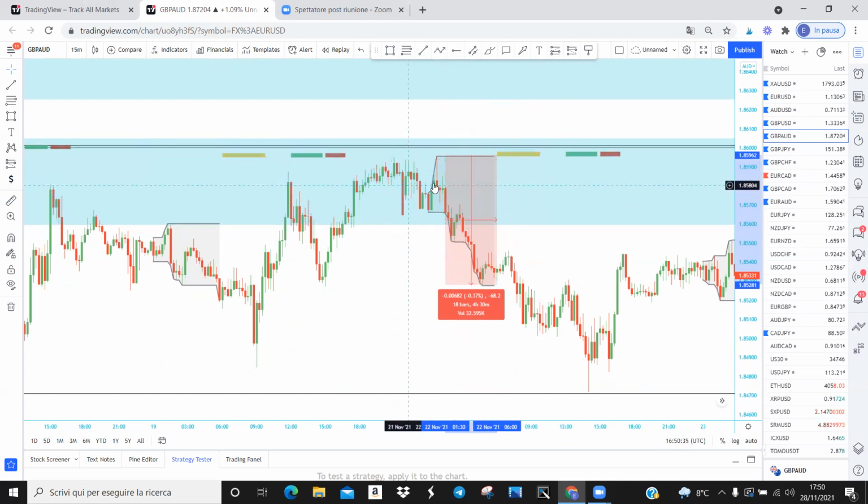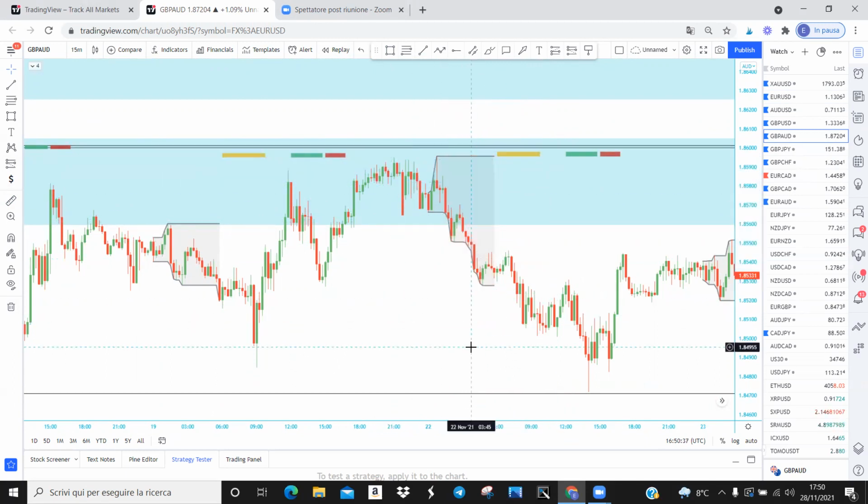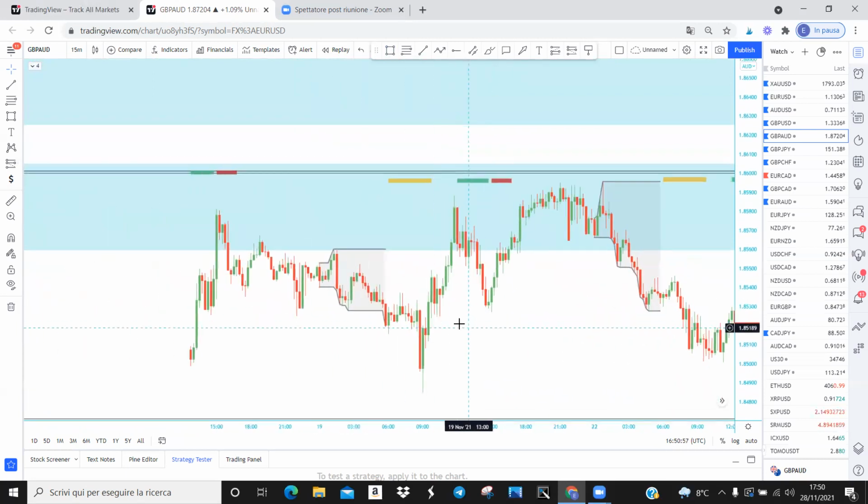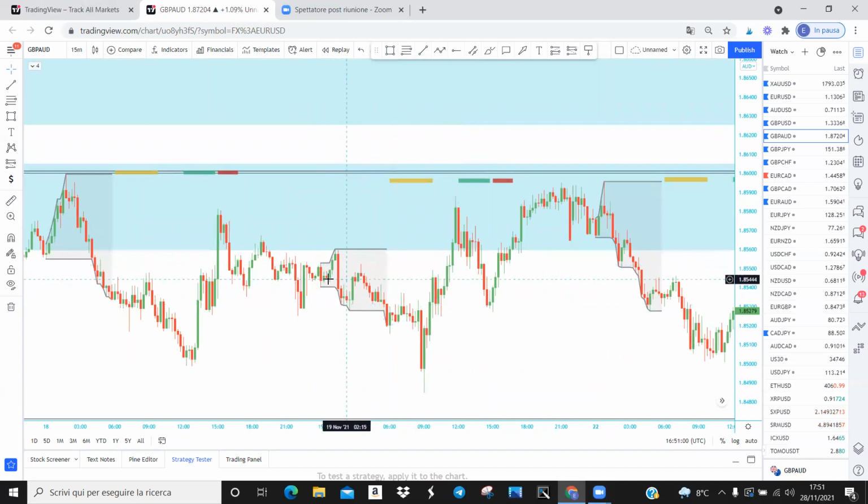So if you get on your chart on this day, I don't know, 22nd of November, and you see something like this, if you will see something like this in the future, don't think about these concepts that I'm teaching you in this video, because these cannot be applied when the Asian range just trends and goes crazy like this during the night.